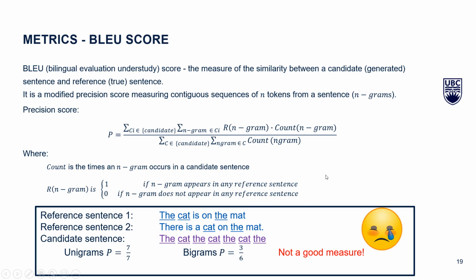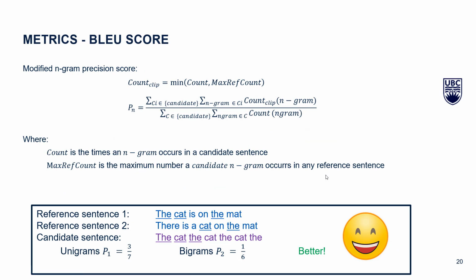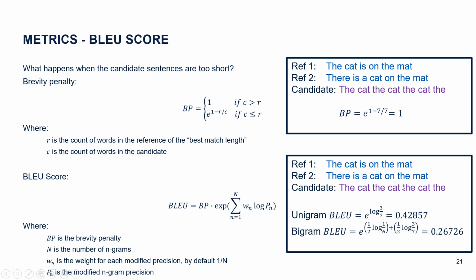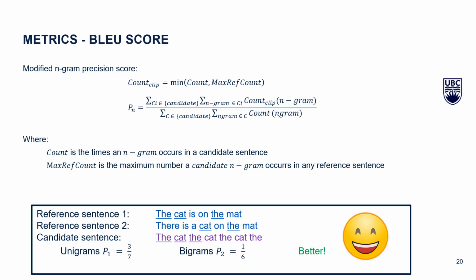All right. So now let's look at the modified n-gram precision. This is very similar, except to avoid a candidate sentence with just a single word or two words repeating scoring highly, it's going to clip the maximum number of times a word or an n-gram can be counted towards the score based on the reference sentences. So let's look at unigrams.